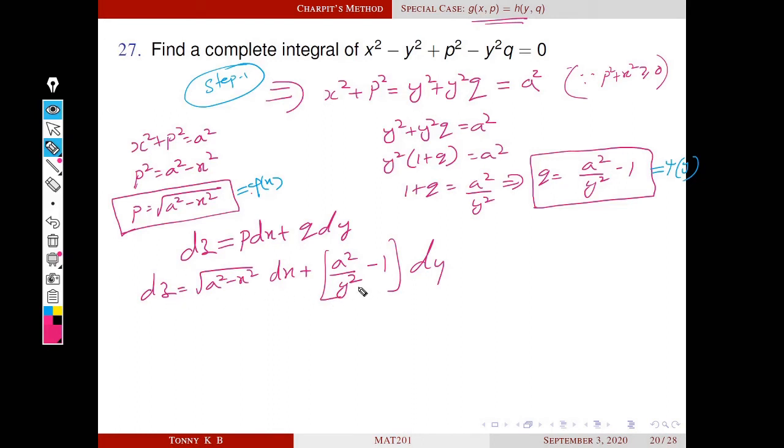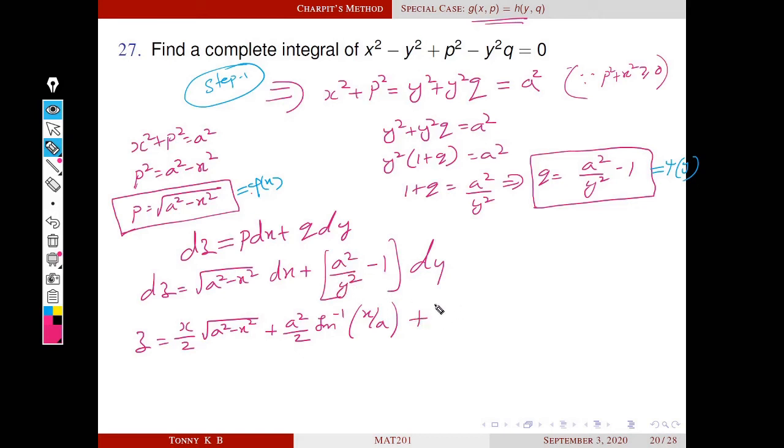So integrate on both sides. This is in a standard form, square root of a square minus x square, and we use its integration. On this side, a square is a constant, so the integral of 1 by y square is minus 1 by y.